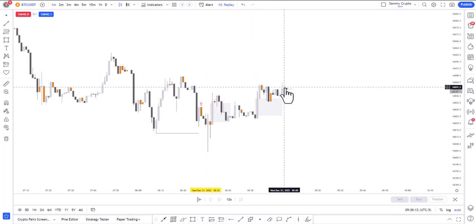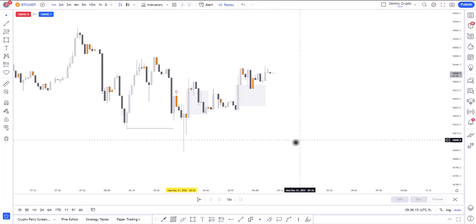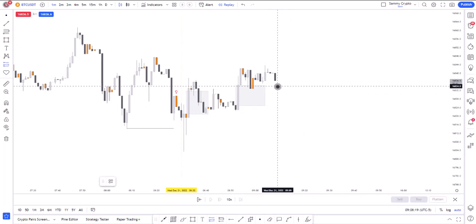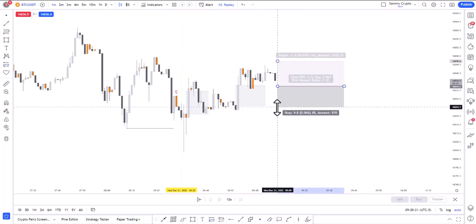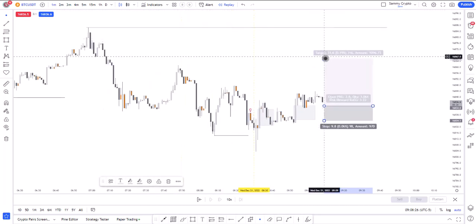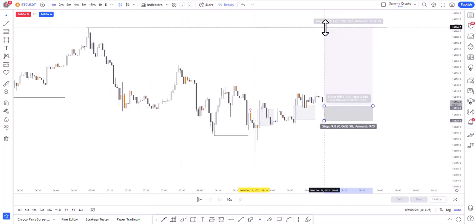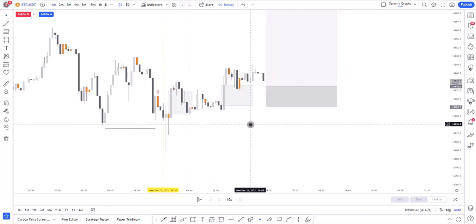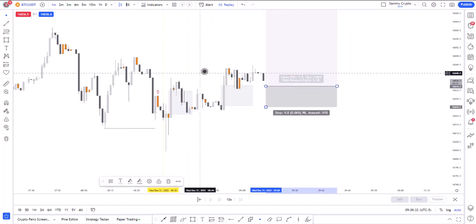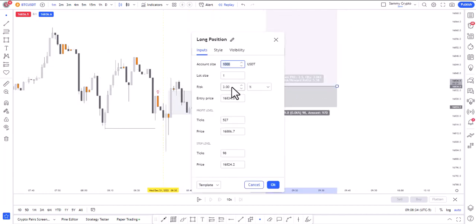I can take half partials here, with small risk. Price coming into here, take small risk, trading it above to the high. I just risk 1%.